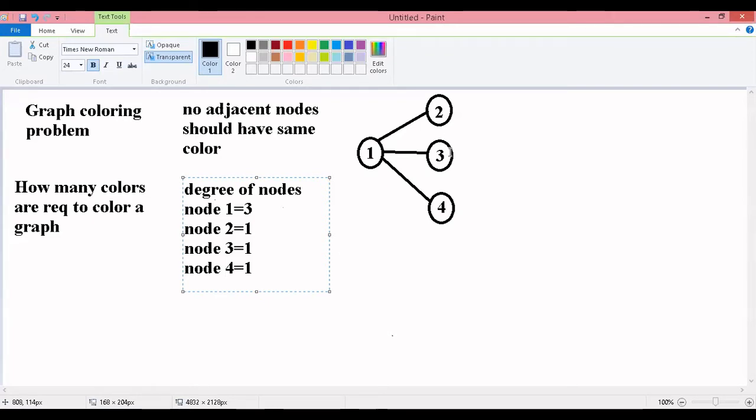Node 1 is attached to 3 other nodes, so I take its degree as 3. Node 2 is attached only to one node, so its degree is 1. The same goes for 3 and 4.